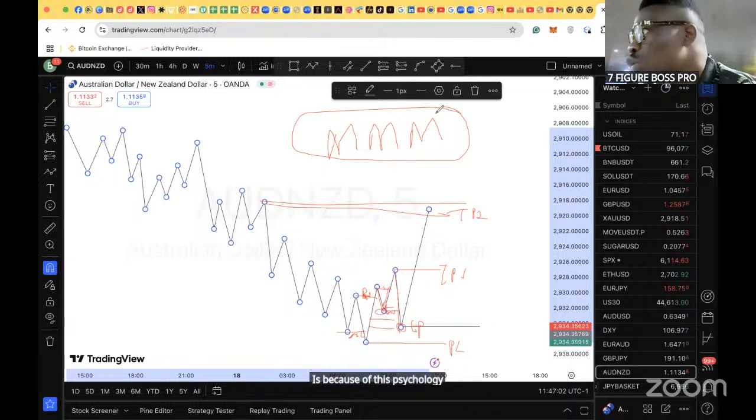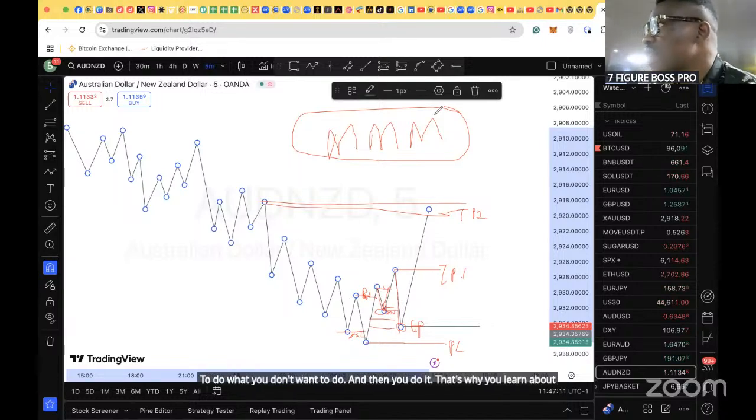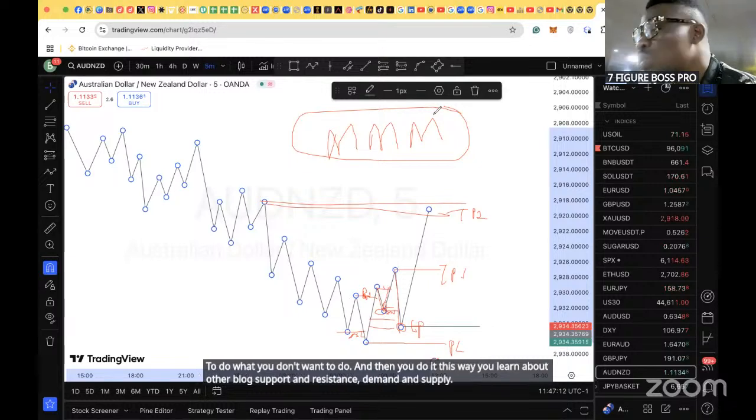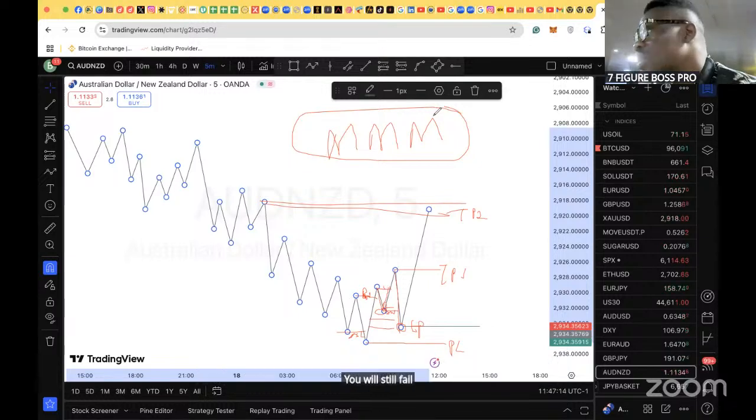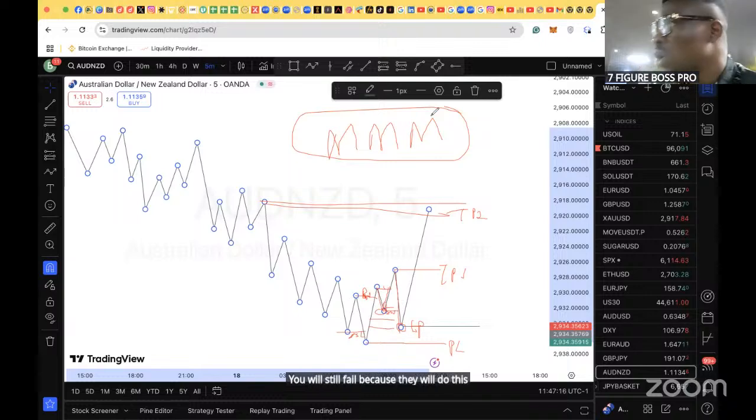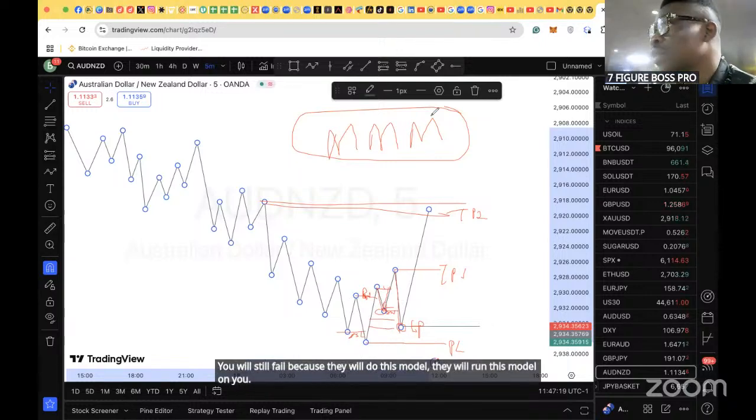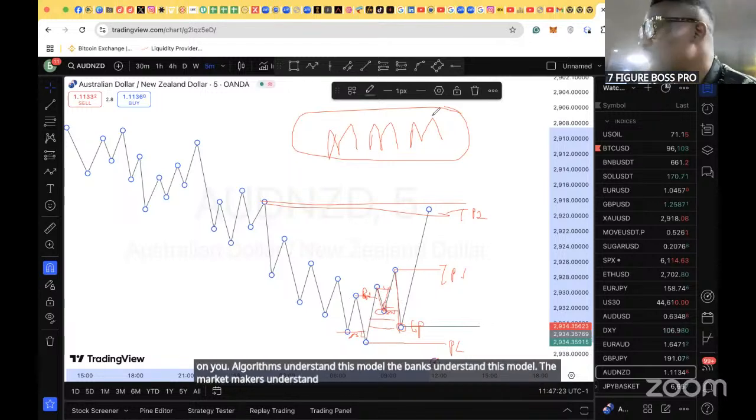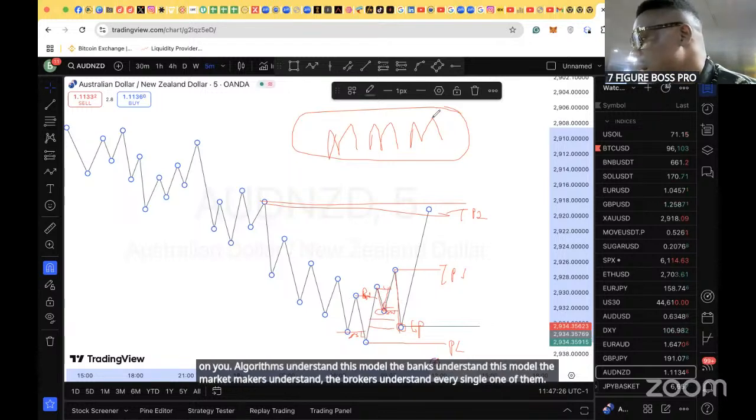They push you, they induce you to do what you don't want to do, and then you do it. Despite learning about other blocks, support and resistance, demand and supply, you will still fail because they will run this model on you. Algorithms understand this model, the banks understand this model, the market makers understand, the brokers understand, every single one of them understand this model except you.